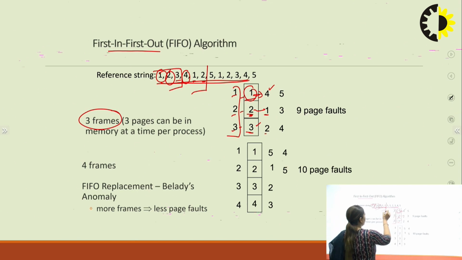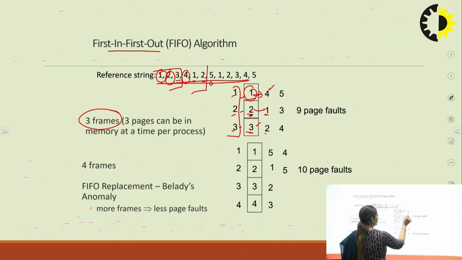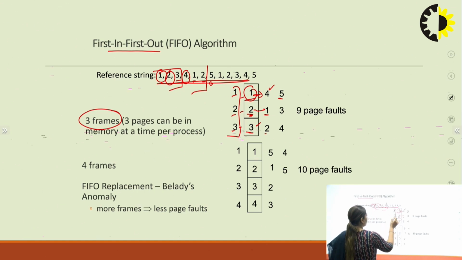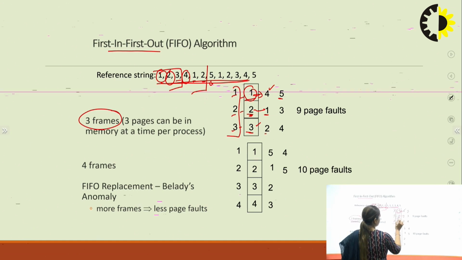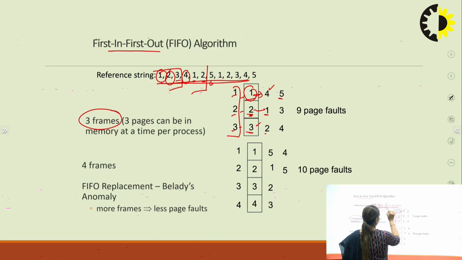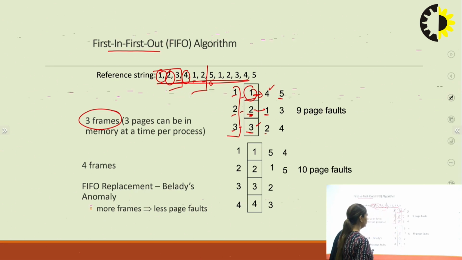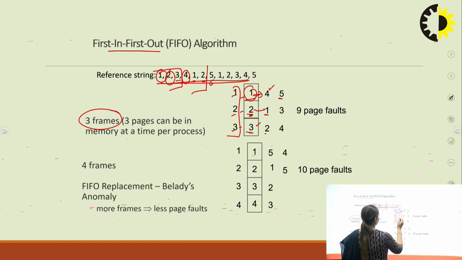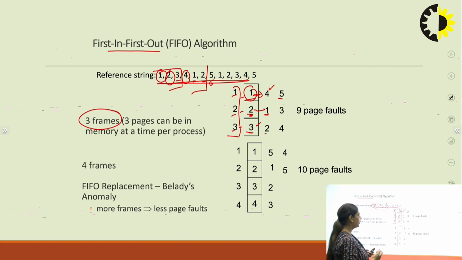Now comes 5. 5 will replace 4 because 4 is oldest. Then after that 5 we have 1. 1 is already there in the memory.